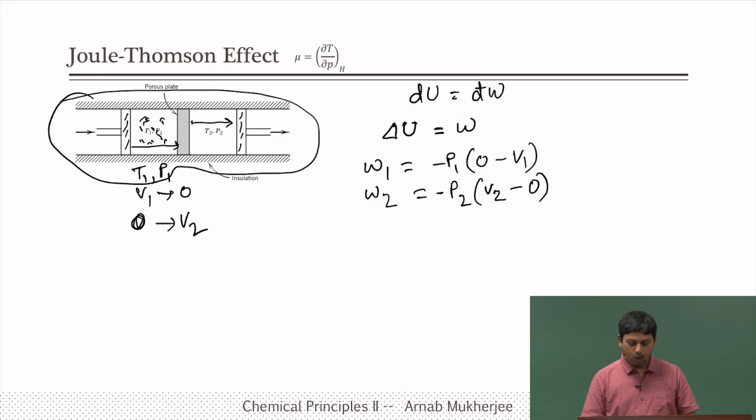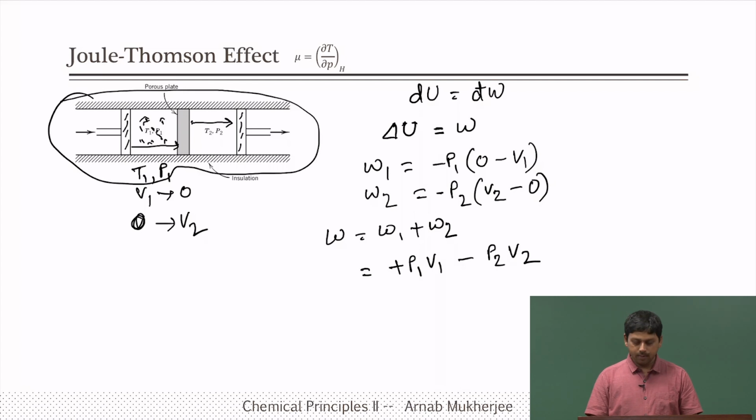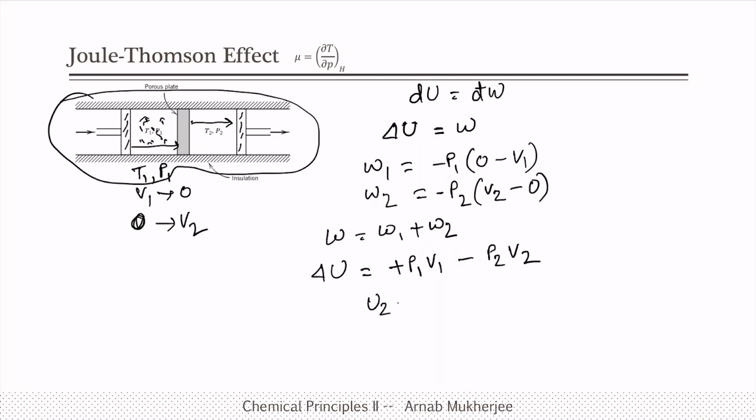Okay. So, the total work done is W1 plus W2, and we can write that as P1 V1 minus P2 V2, right, and that is our delta U. Now, delta U, let us write that as U2 minus U1 is equal to P1 V1 minus P2 V2.